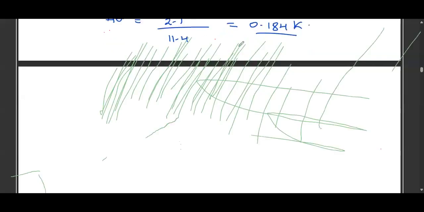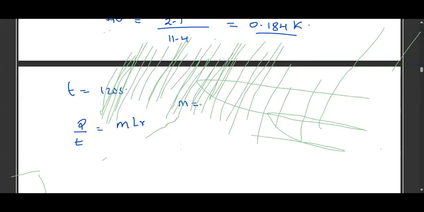Time has been given as 120 seconds. Now we have Q divided by T is the same as M L V, whereby the rate at which heat is going to be transferred is equivalent to the rate at which the water is going to be evaporating.